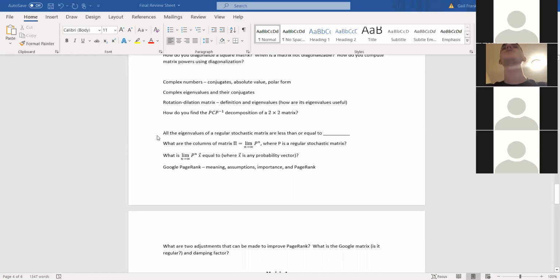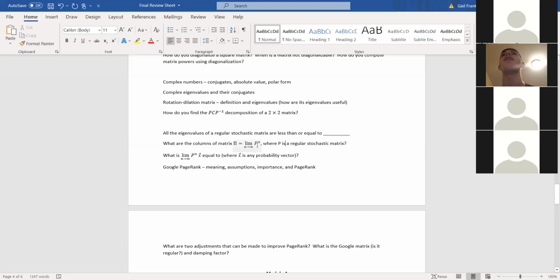Okay, next is more stochastic matrix stuff and Google PageRank. All the eigenvalues of a regular stochastic matrix are less than or equal to 1. Remember, all stochastic matrices have an eigenvalue equal to 1, so its other ones are less than 1. If you keep multiplying that stochastic matrix by itself, eventually its columns will become its steady state vectors.